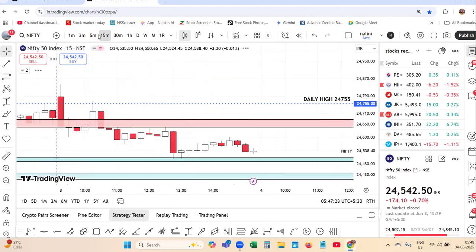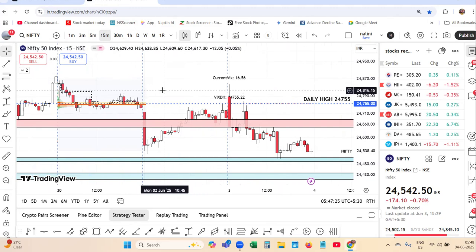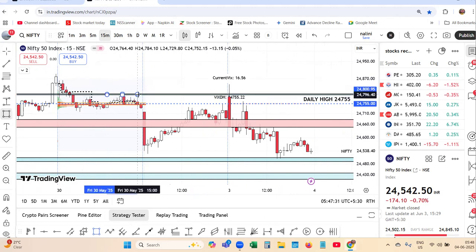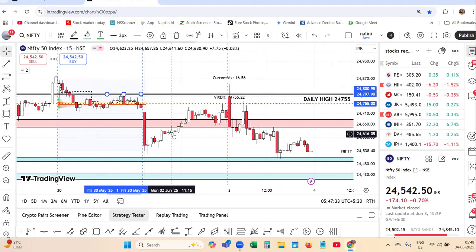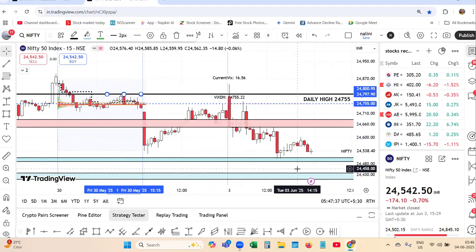Let me change it to 15 minutes. You can see how the liquidity has been grabbed. Here, the liquidity has been grabbed, and it took the liquidity and started moving down.